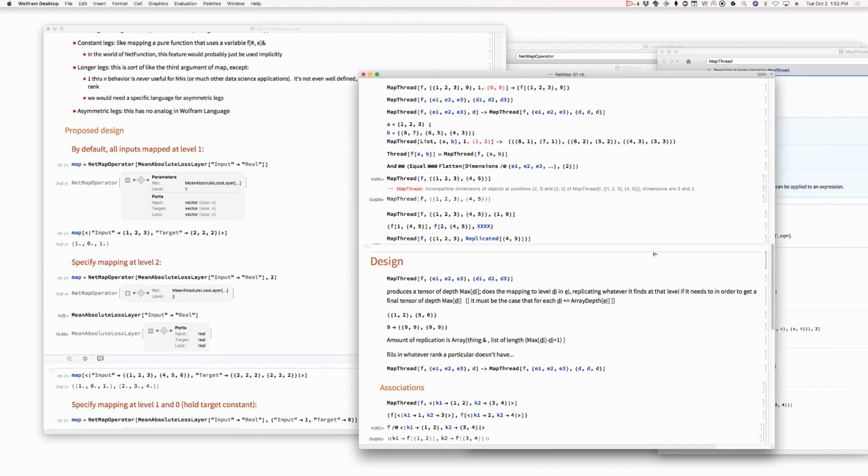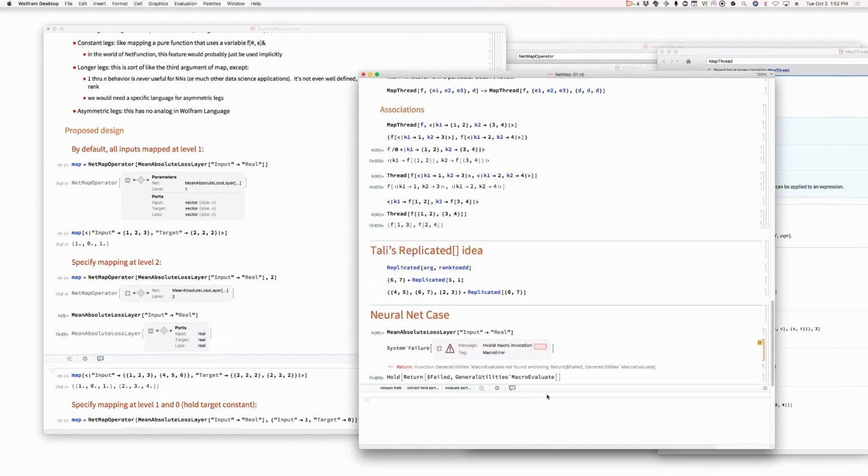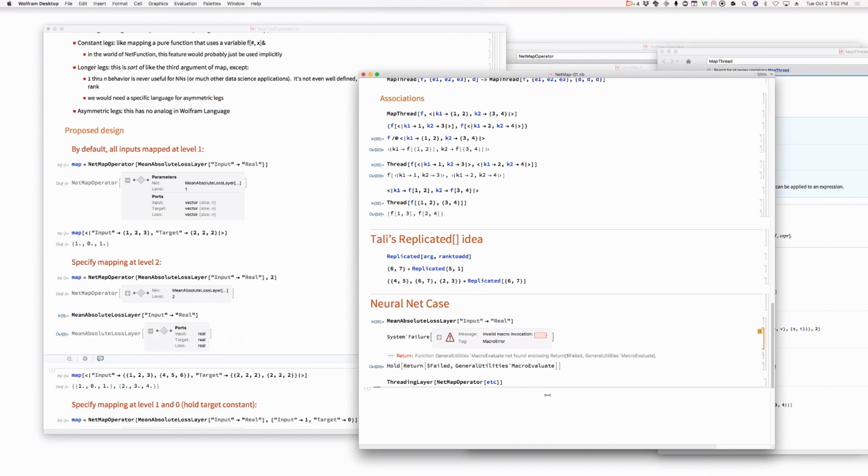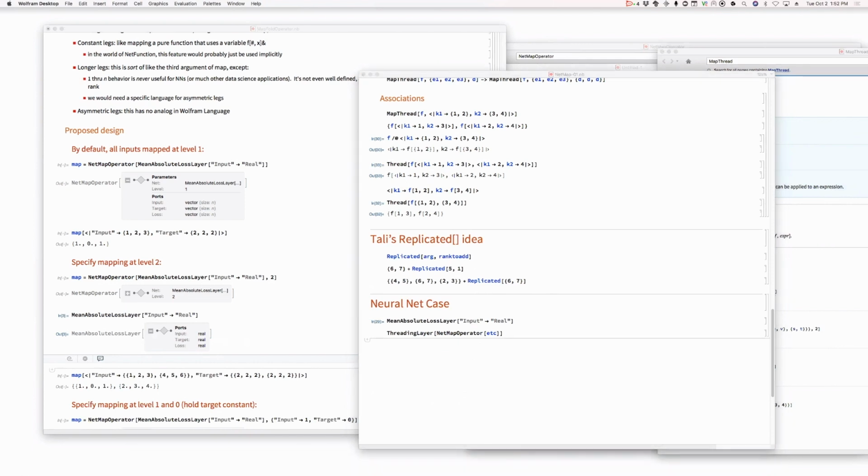I don't think it makes sense to give it a net. Are you sure? Yeah, and the other thing I would say is that NetFunction will introduce a different way of creating nets that will make some of these things somewhat obsolete. So you wouldn't even use NetMapOperator, you just use MapThread directly, right?